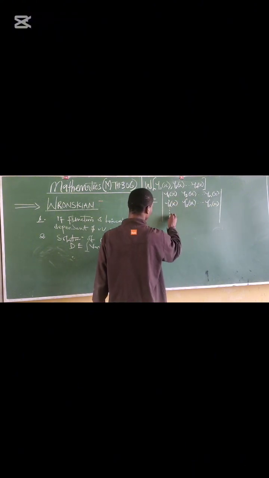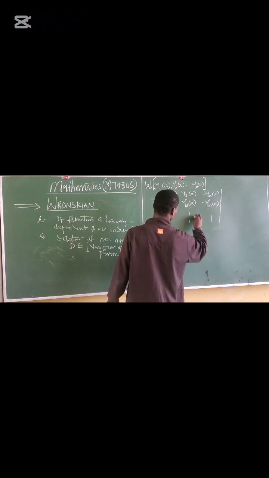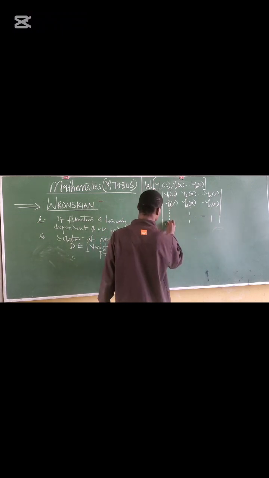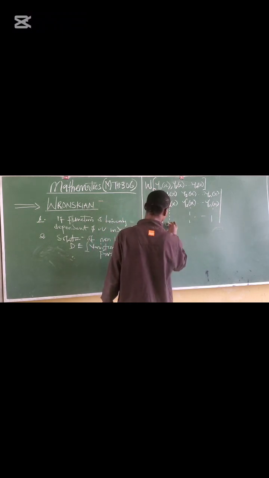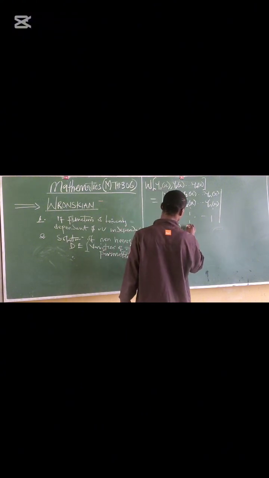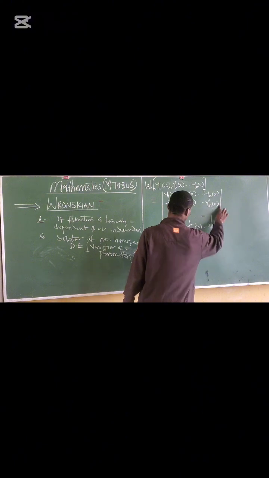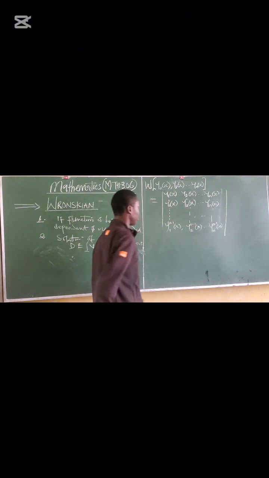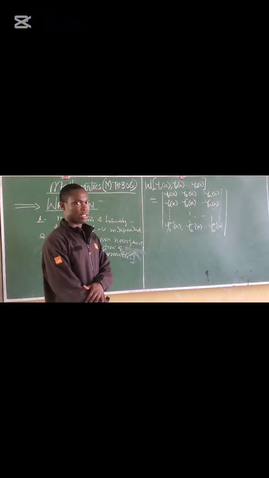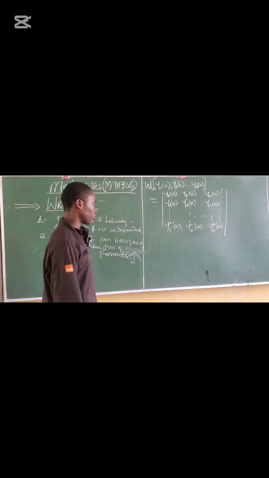This continues till y1 to the n minus 1 of x, y2 to the n minus 1 of x, down to yn to the n minus 1 of x. This is how a WRONSKIAN is expressed.